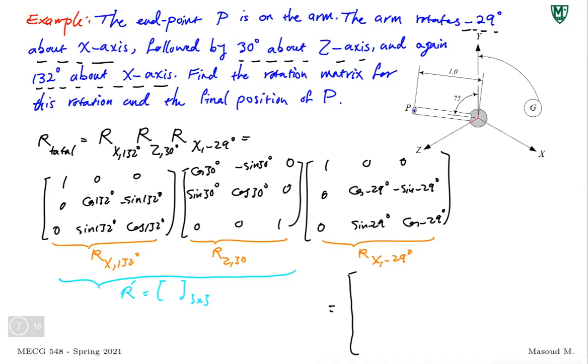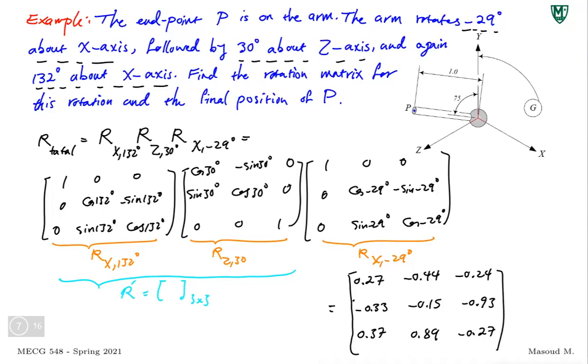The components are 0.27, minus 0.44, minus 0.24, minus 0.33, minus 0.15, minus 0.93, 0.37, 0.89 and minus 0.27.